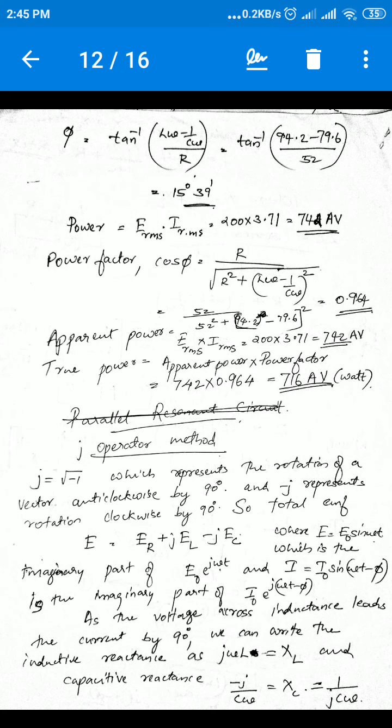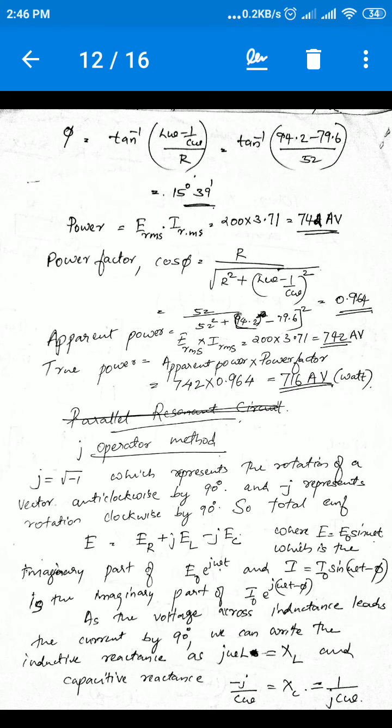Now we have already found the value of current I, which we derived. In the last section we first assumed, you remember, the current value as I equal to I0 sin omega t minus phi, and the phase angle phi we then derived.